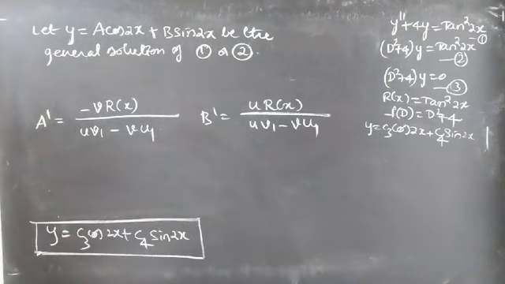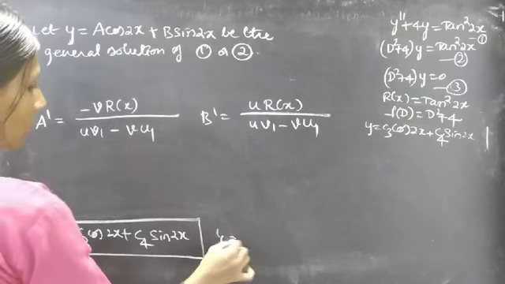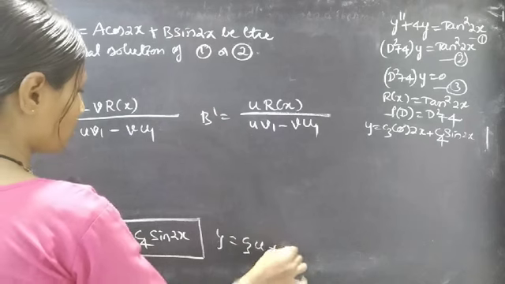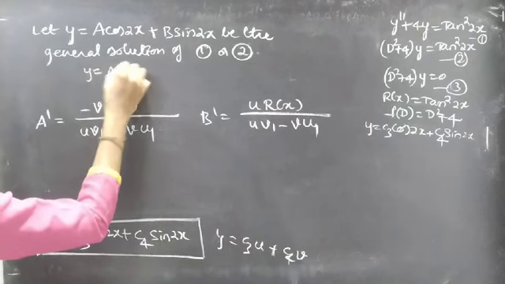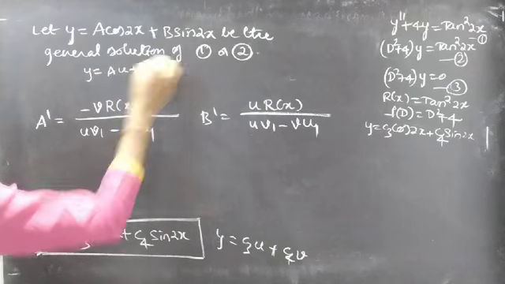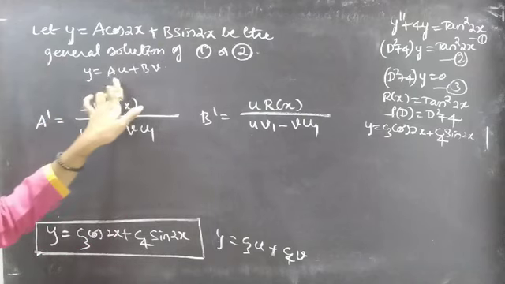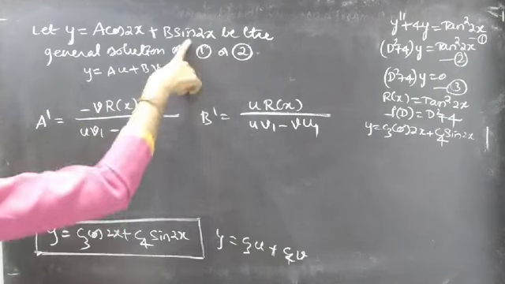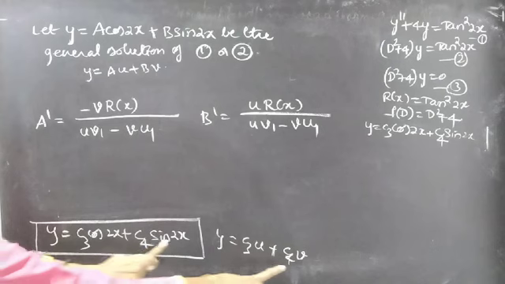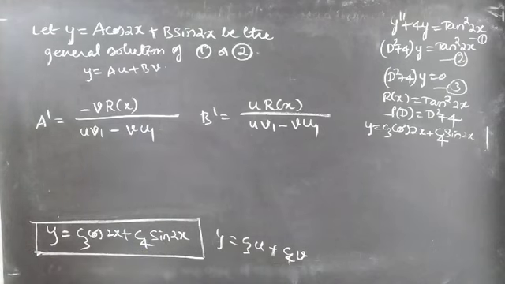Okay, here we compare y with some c3u plus c4v, or with y equal to au plus bv. I mean, just compare this solution with au plus bv, you'll get u and v, where u is cos 2x and v is sin 2x. See, u is cos 2x, v is sin 2x, right?